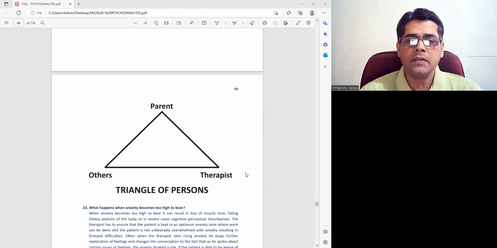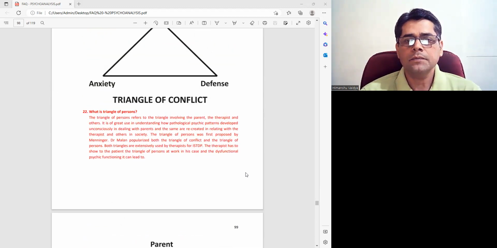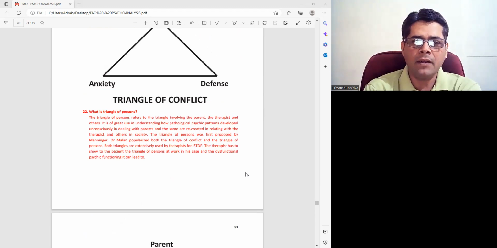In the triangle of persons, first proposed by Menninger and then popularized by Dr. Malan. In fact, most people call it Dr. Malan's triangle rather than Menninger's triangle.